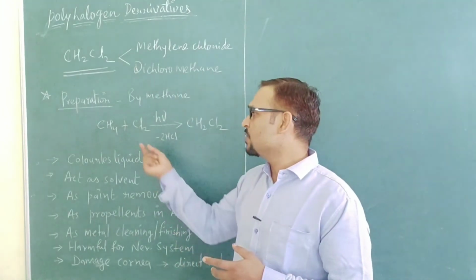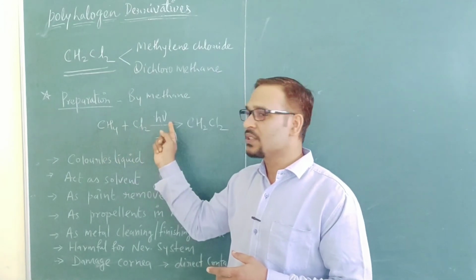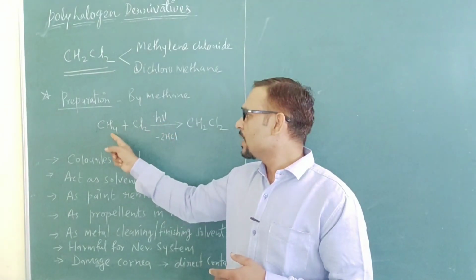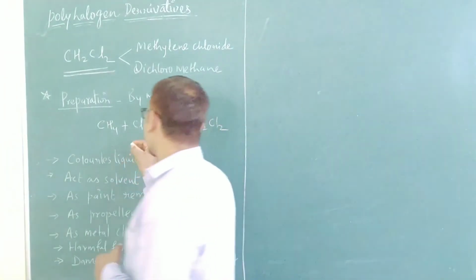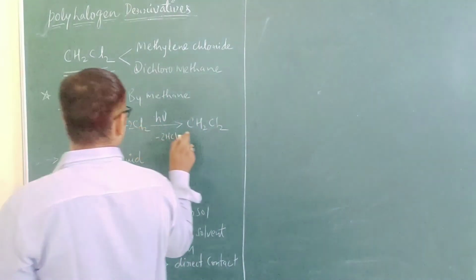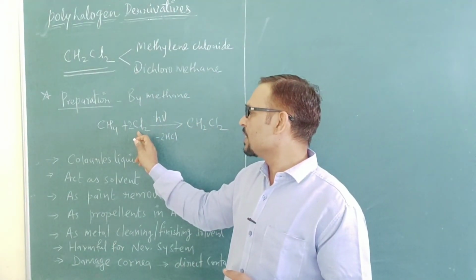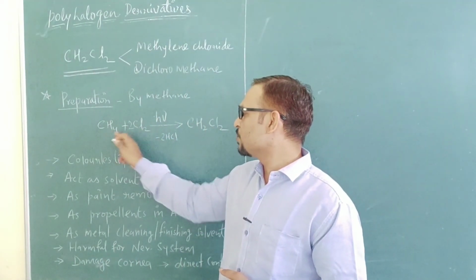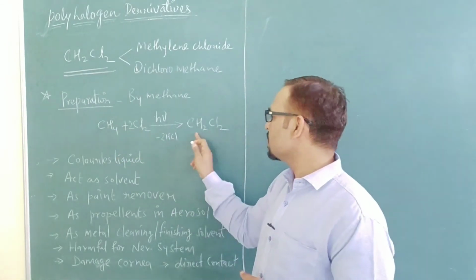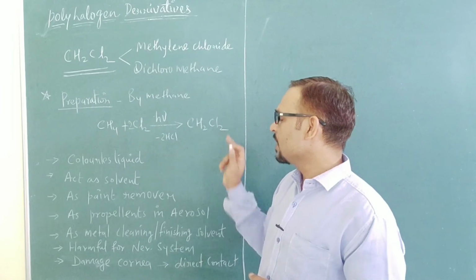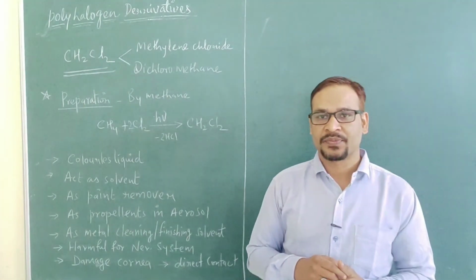When we do the halogenation of methane in presence of sunlight, 2 hydrogens are replaced by 2 chlorine atoms, forming dichloromethane, right? So here you can see 4 atoms of chlorine are there, 2 atoms combine with 2H and remove HCl, 2 chlorine atoms are joined here and form CH2Cl2, right? So this is how it is prepared commonly.